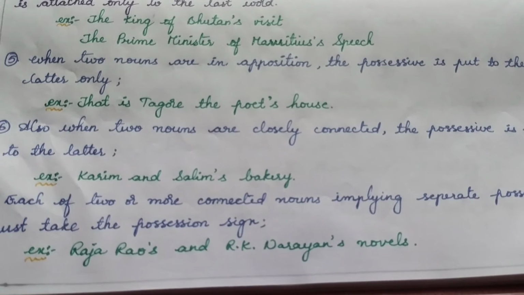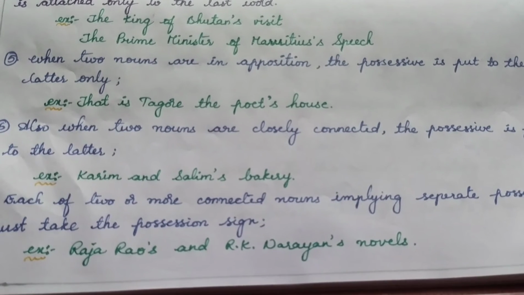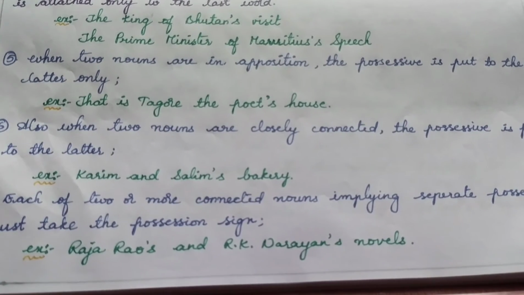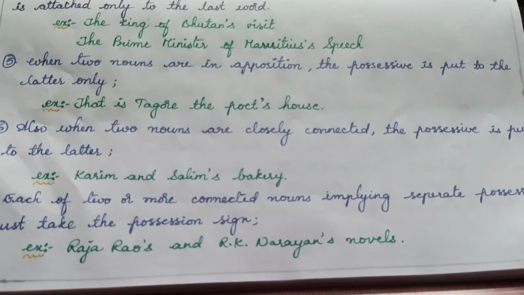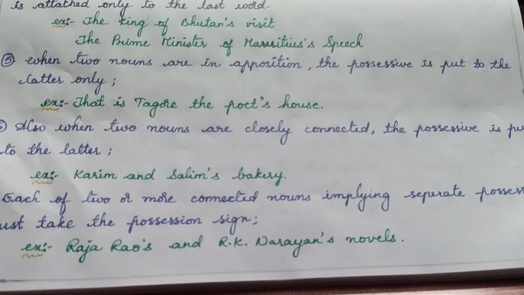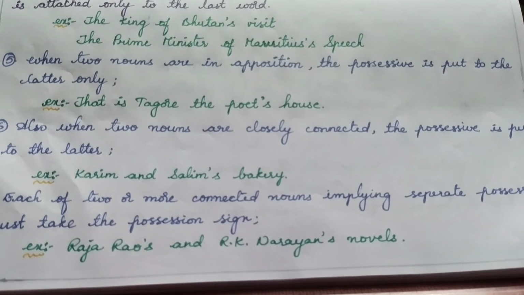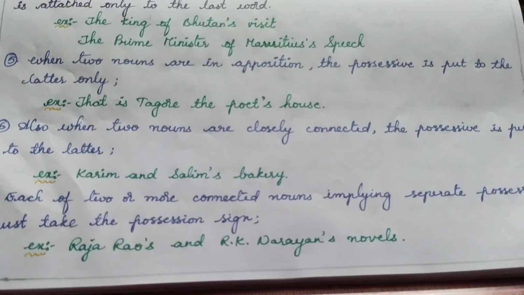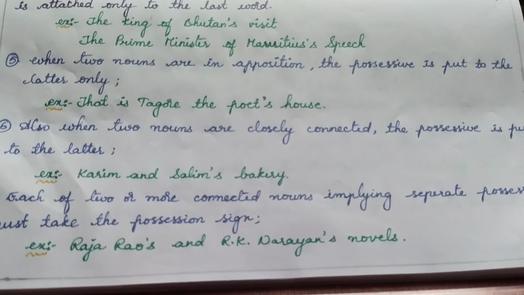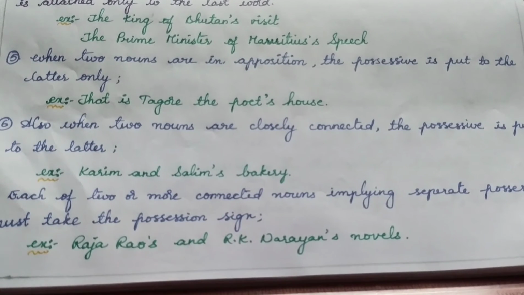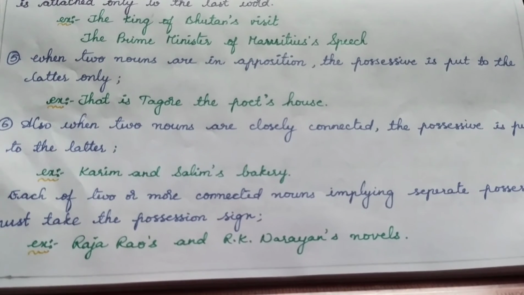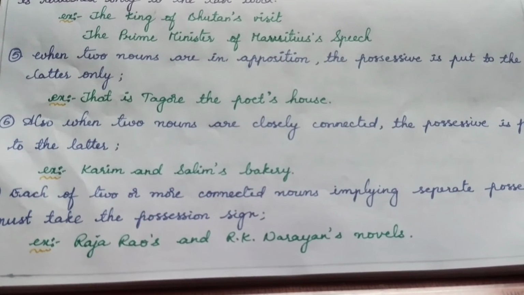And for the next rule, each of the two or more connected nouns implying separate possession must take the possessive sign. This is quite opposite to the sixth rule. If two of them have different possessions, for instance, in the sixth rule's example, Kareem and Salim both have one bakery.